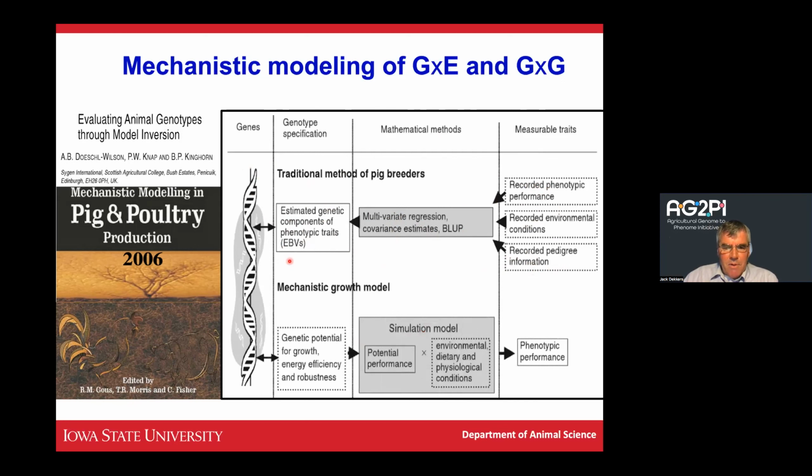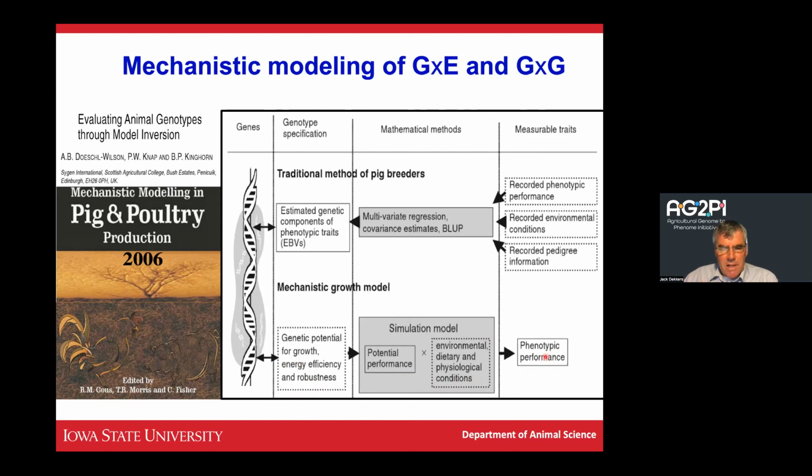And they described that using these models, you can use them for simulation, and then basically, given the genetic potential of underlying variables for growth, efficiency, and robustness, using that mechanistic model, you can predict or simulate phenotype.